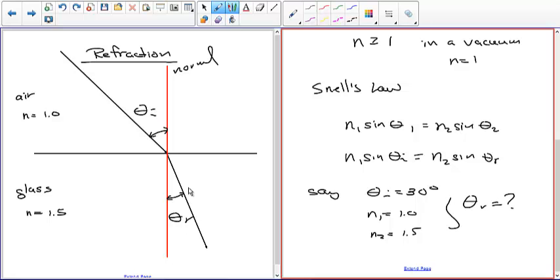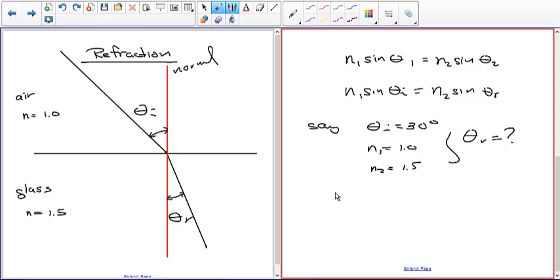And it should be less, because I told you it's supposed to do that. So you'll do 1.0 times the sine of 30 degrees is equal to 1.5 times the sine of the one we're trying to find, the angle of refraction. So we get that the sine of the angle of refraction is equal to 1 times the sine of 30 degrees divided by 1.5.